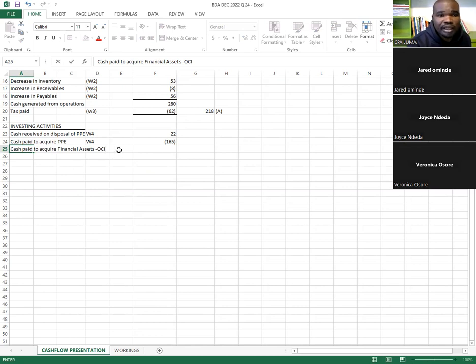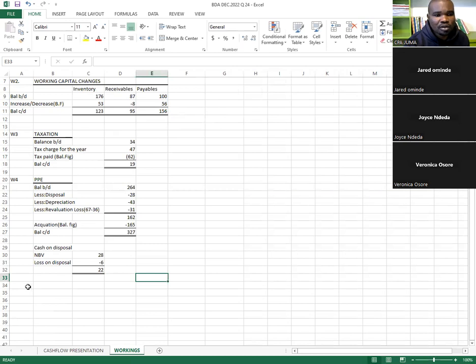It will be clear to the examiner. So please tell the examiner to check our working number 5. Working 5 is financial assets, OCI. OCI stands for other comprehensive income.